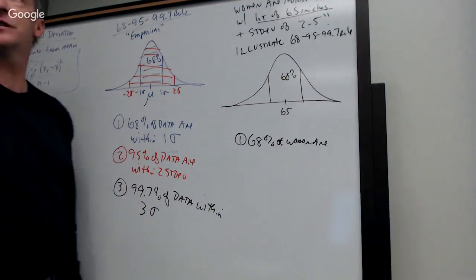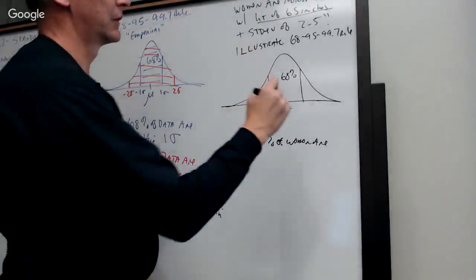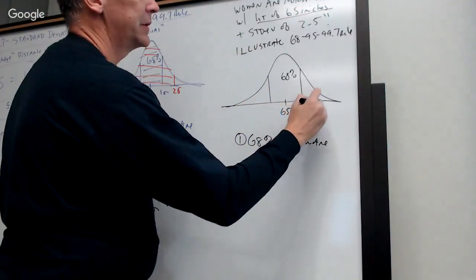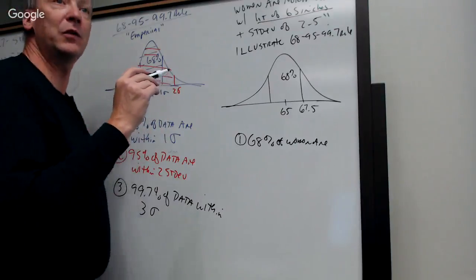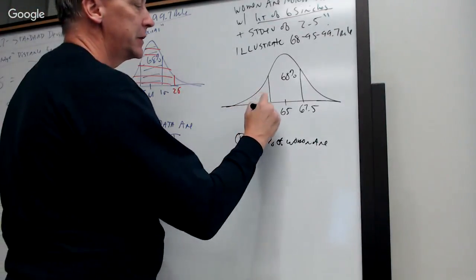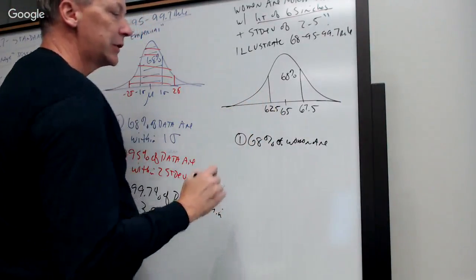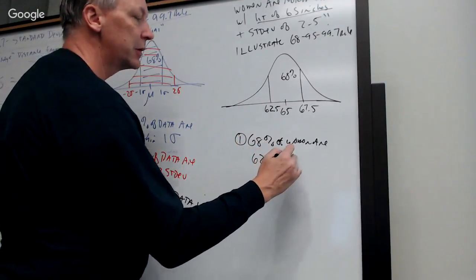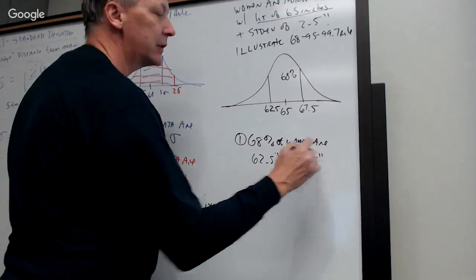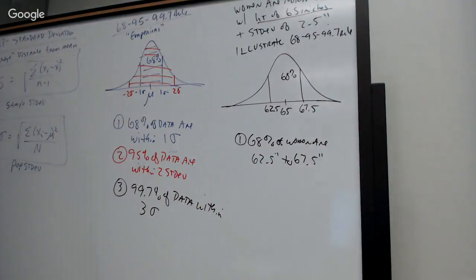So 65 plus 2.5 is 67.5, right? And 65 minus 2.5 would be 62.5. So 68% of women are between 62.5 inches and 67.5 inches tall. Okay?